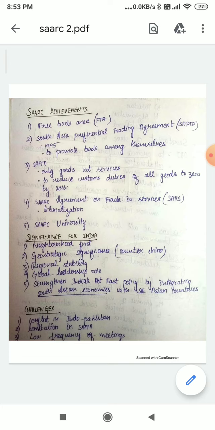And the last one is challenges. What are the challenges that India is facing currently in terms of the SAARC grouping? The first one is the Indo-Pakistan issue. India and Pakistan have been having issues since August 5th, 2019, the bifurcation of Jammu and Kashmir.